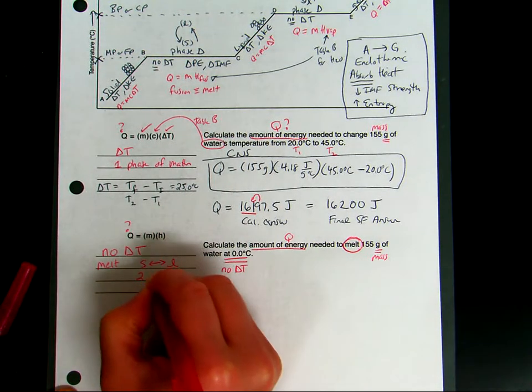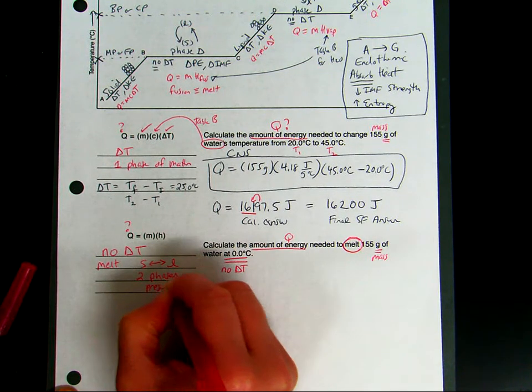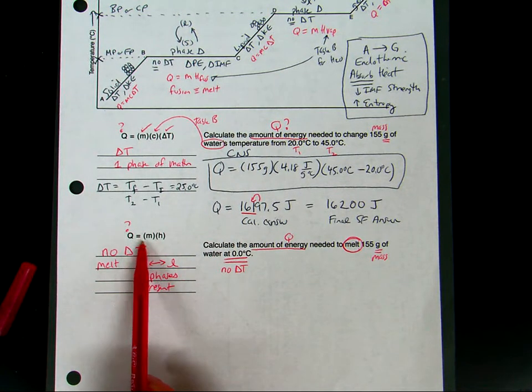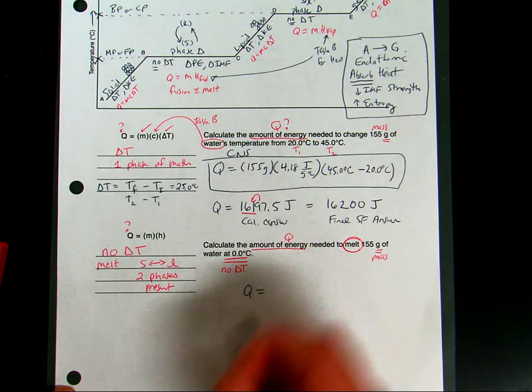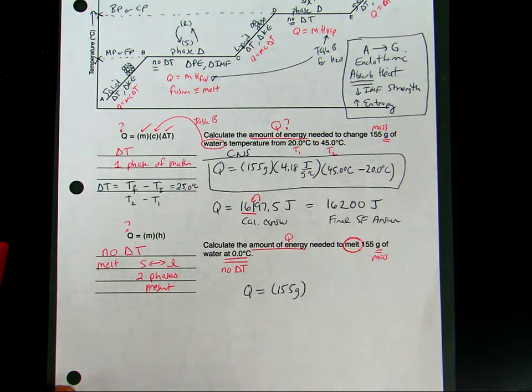So we have 2 phases present. So when there's no delta T and we have 2 phases present, we need to use Q equals M times H. So Q will equal 155 grams.